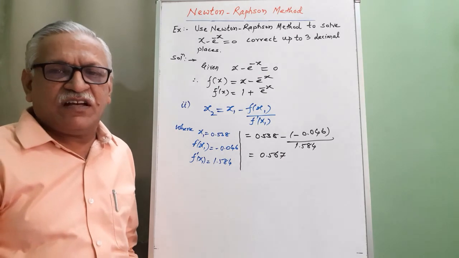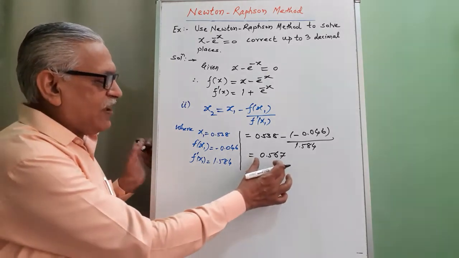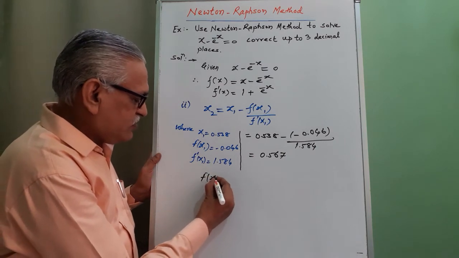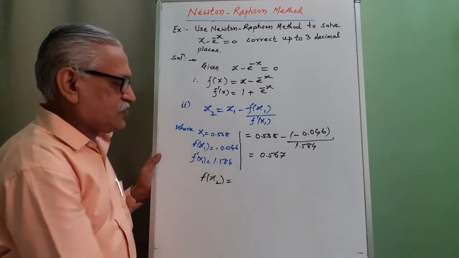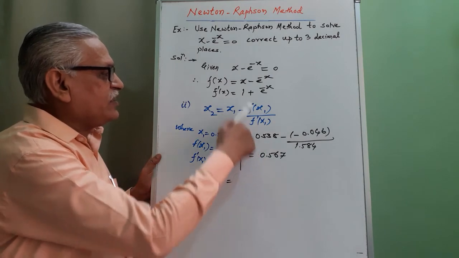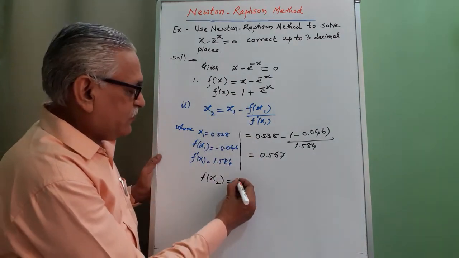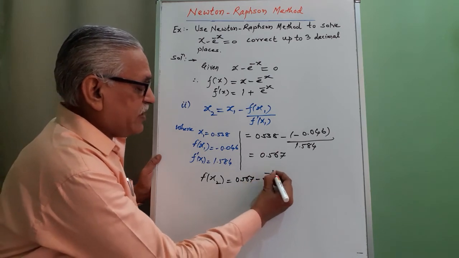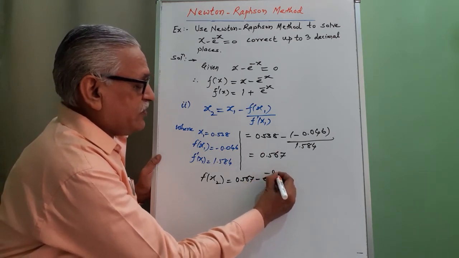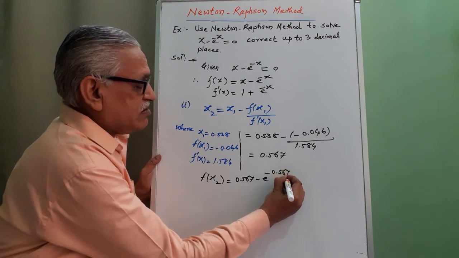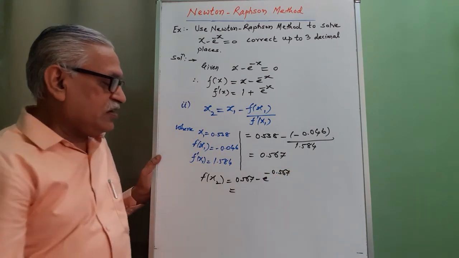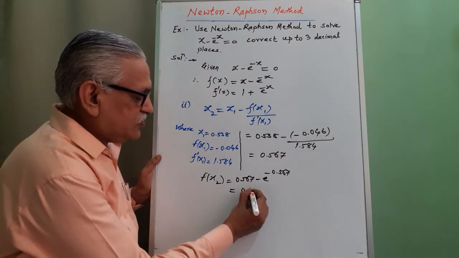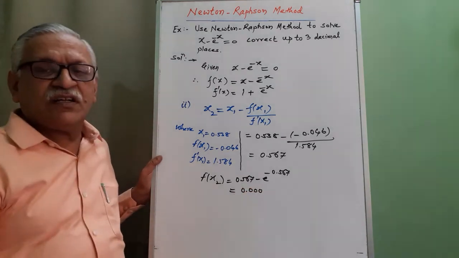Once again we check whether this value we can call the root or not by finding the corresponding function value. f of x2 is equal to, substituting that value here, 0.567 minus e raised to minus 0.567, and if you perform it by calculator, we get the value as 0.000.